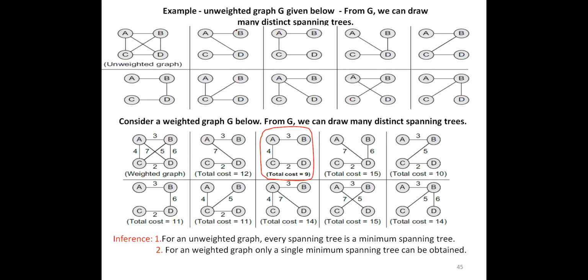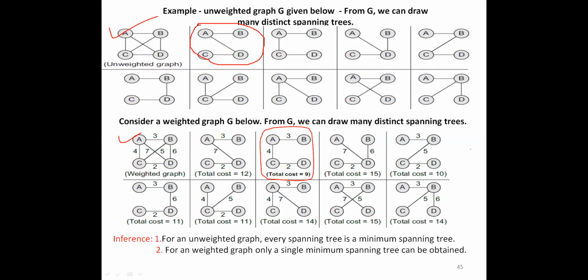I have taken two examples. The first one is an unweighted graph. The second one is a weighted graph. This is weighted, this is unweighted. These are the possible spanning trees. When you take the unweighted graph, all the vertices are there.